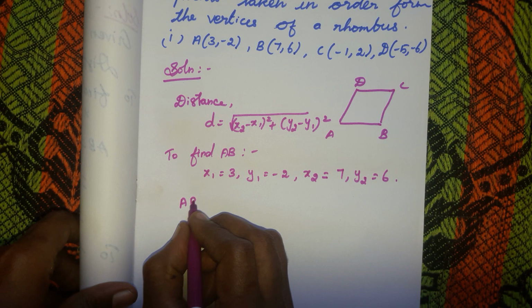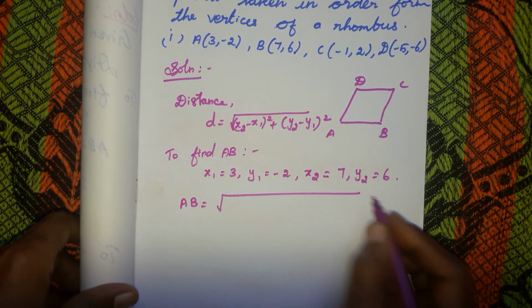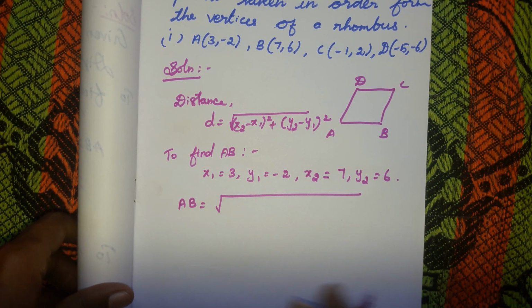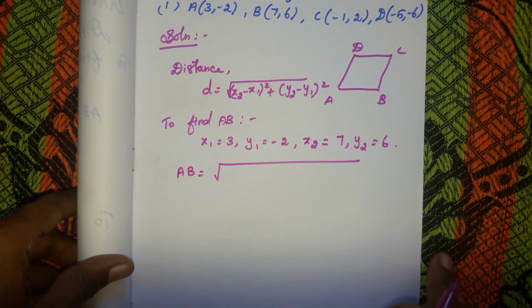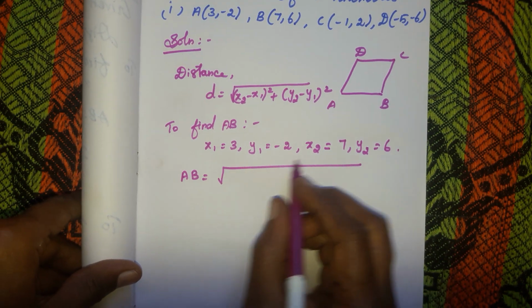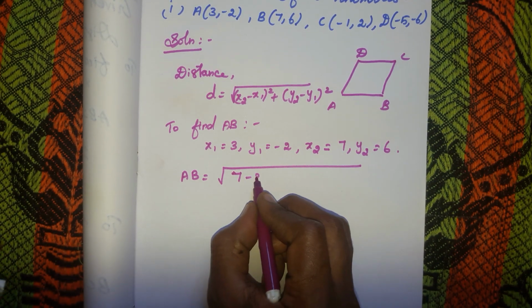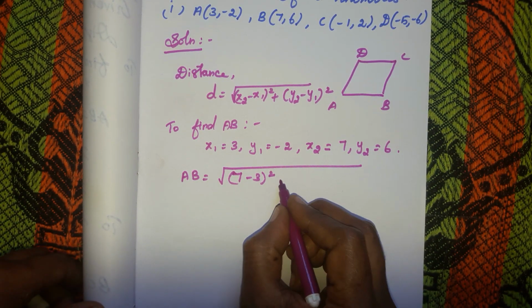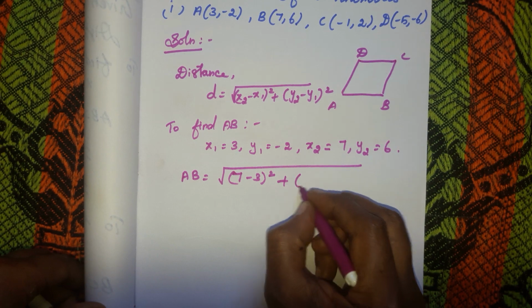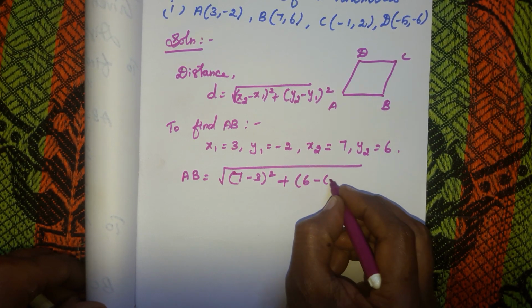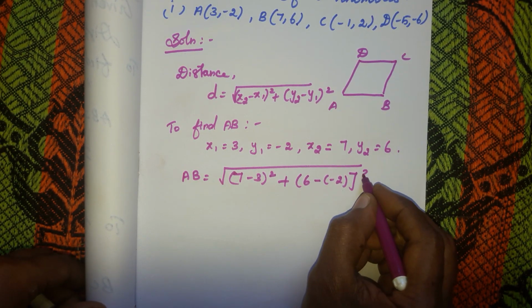Then AB is equal to root of (7 minus 3) the whole square plus (6 minus of minus 2) the whole square.